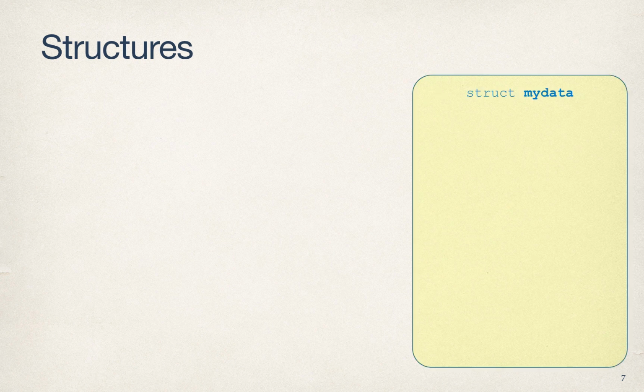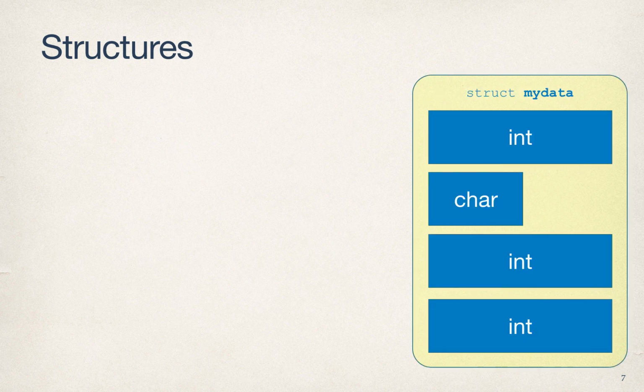So let's think about what a structure is from a memory point of view, and then we'll look at the code. So what we effectively are doing is we're creating an object or a chunk of memory, which is represented by the yellow box, and within that I have got, in this case, 4 different pieces of information.